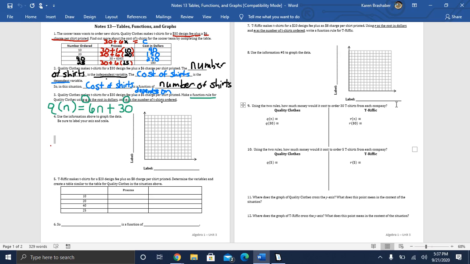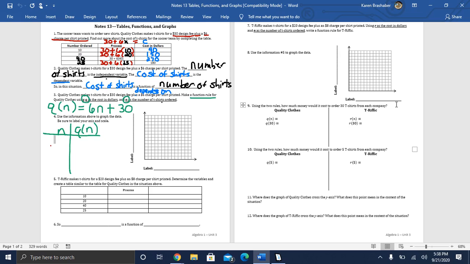So one nice thing about a function rule is that you can set it up just like we did in lesson 12, in a table where your N is your number of shirts in this case, and then Q of N is the cost. So it's always nice to look at 0, and we didn't look at that in our table up above.